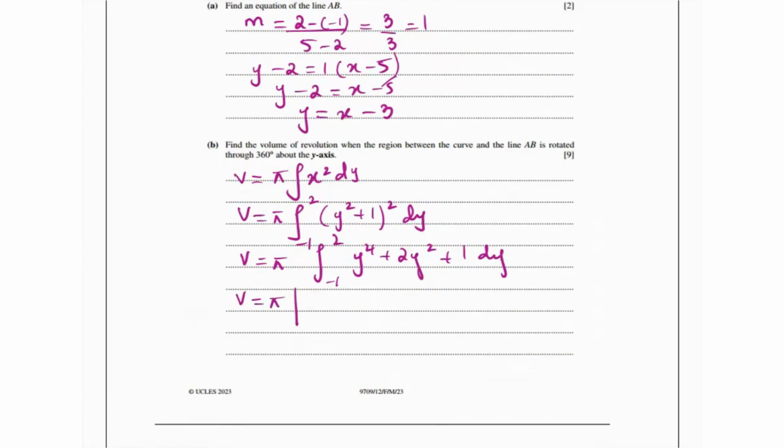y to the power 5 over 5 plus 2y cubed over 3 plus y, from -1 to 2.